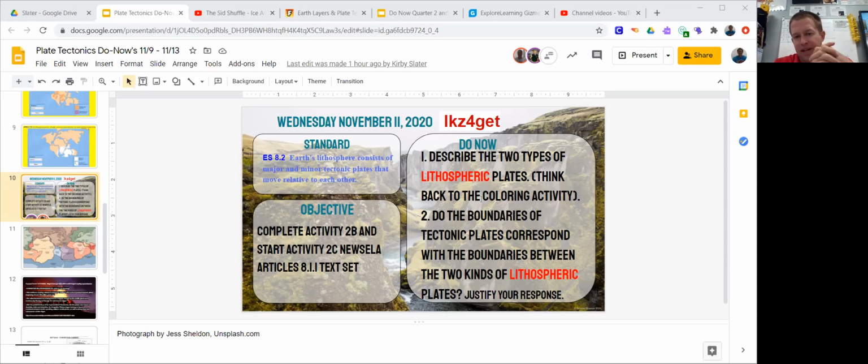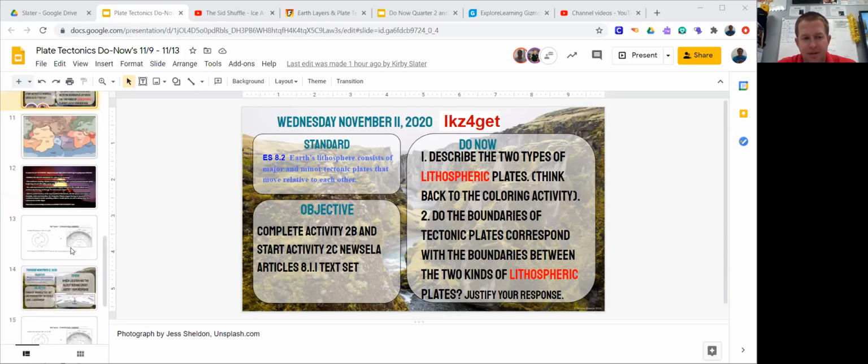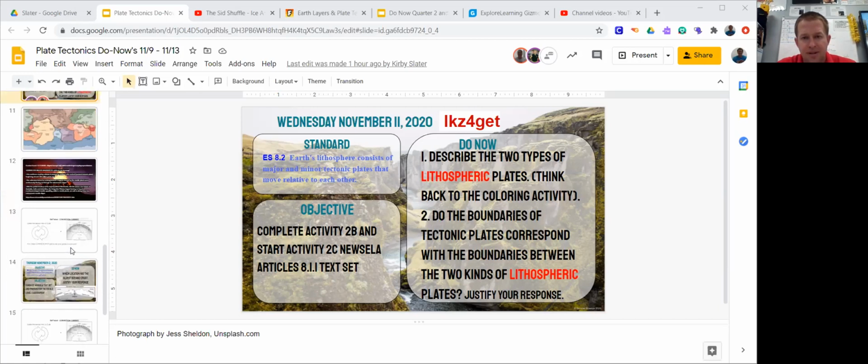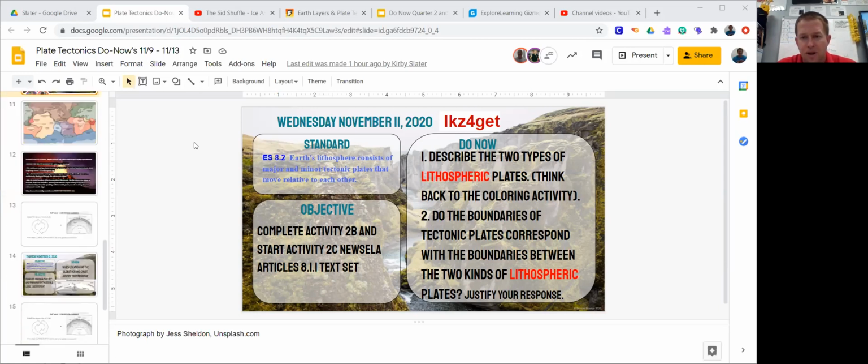Everyone go ahead and type in your answer, yes or no. And I'll tell you when to push enter. Do they align? Yes or no? And 3, 2, 1. Go ahead and push enter.